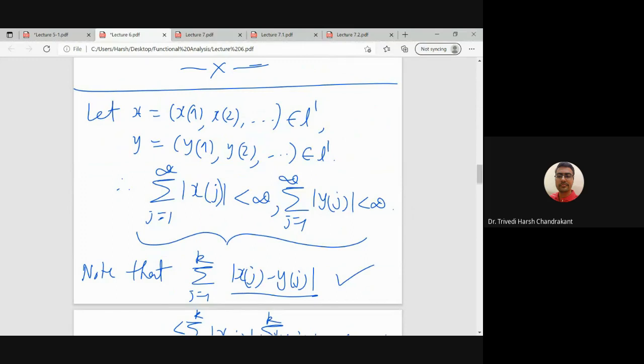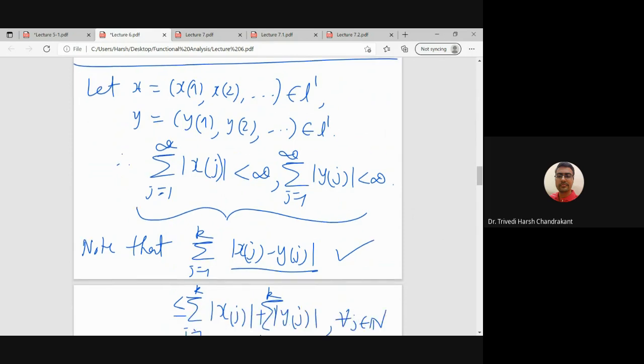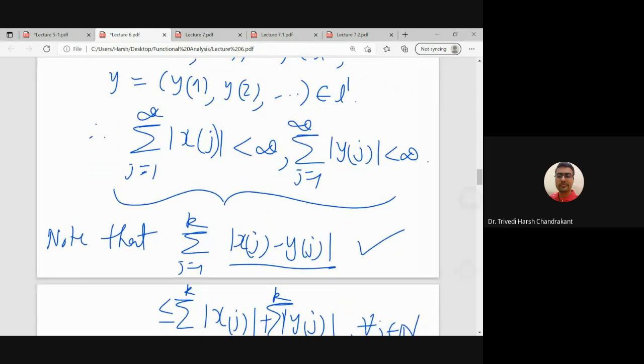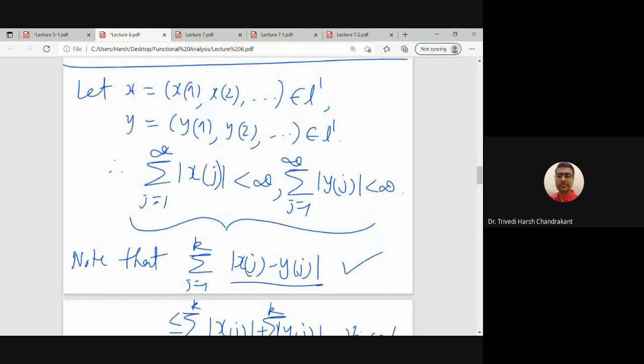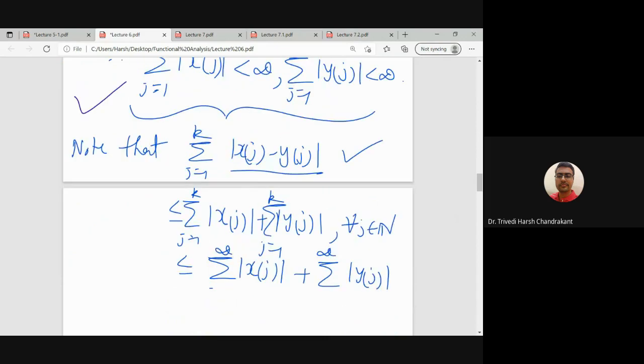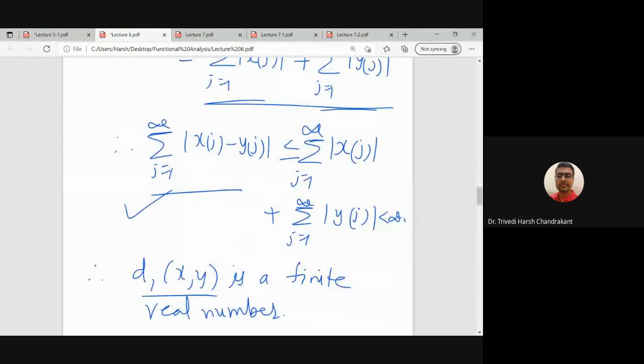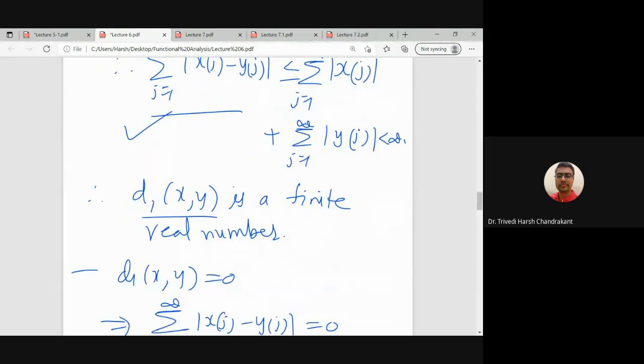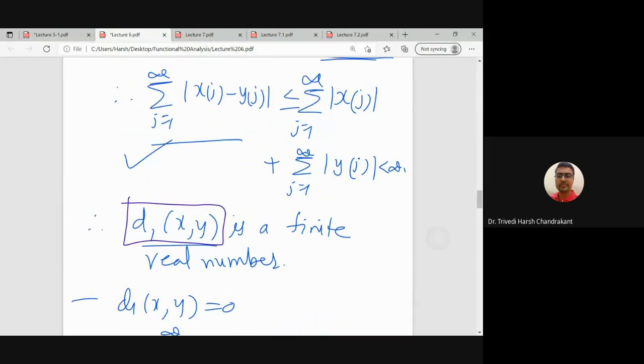So there are many vector spaces which we can discuss using the sequences themselves. We will mainly focus on L1, L2, and L infinity. On L1 we can verify the properties of d1, that d1 is a metric on L1.